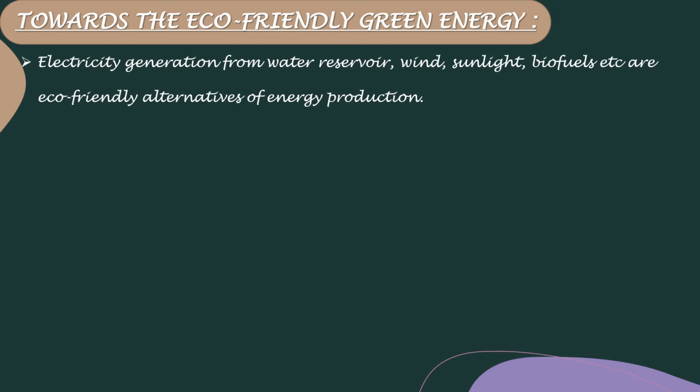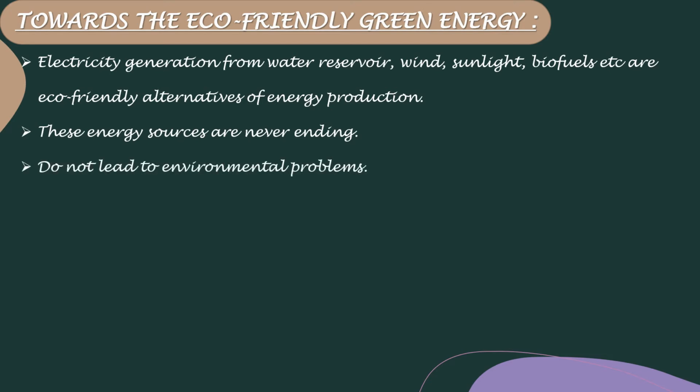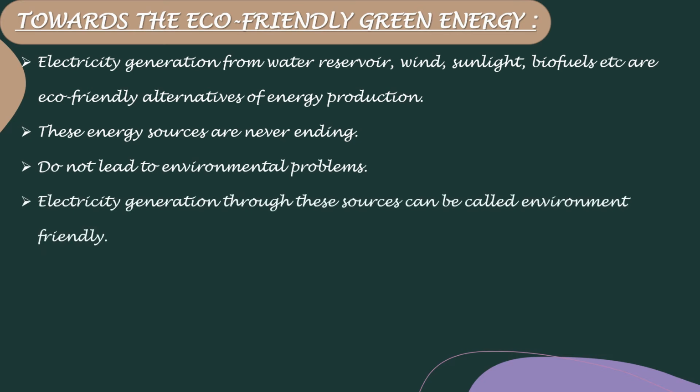And the energy sources used in such options, that is water reservoir, wind, sunlight, biofuel, are never ending. And moreover, use of these sources does not lead to environmental problems. So therefore, electricity generation through these sources can be called environment friendly.